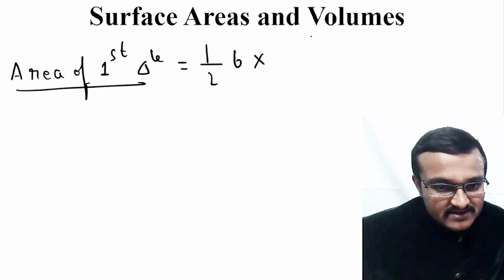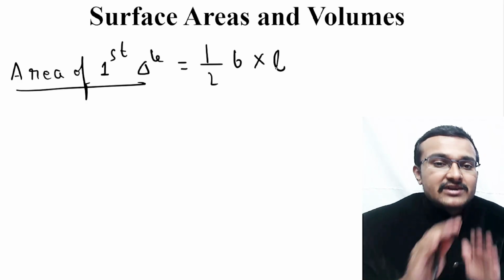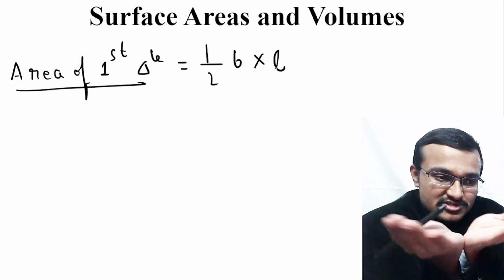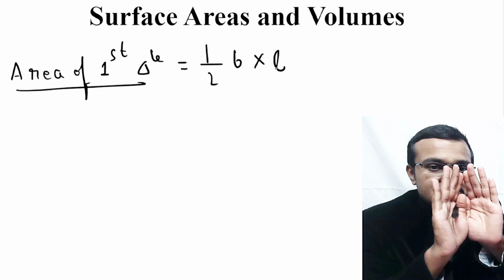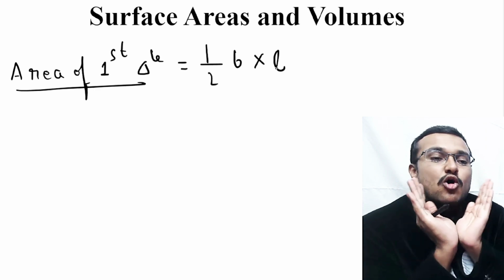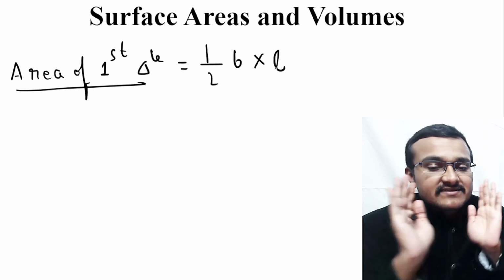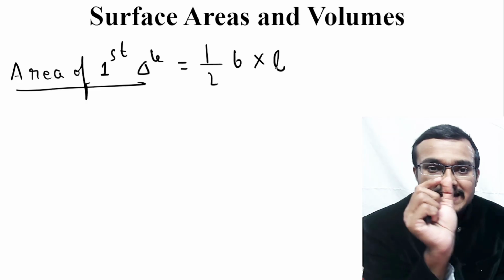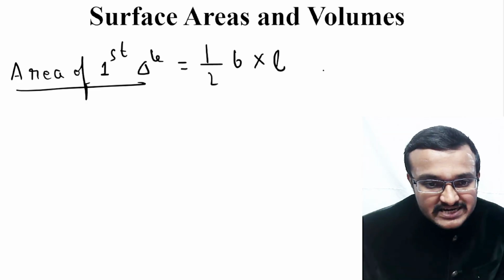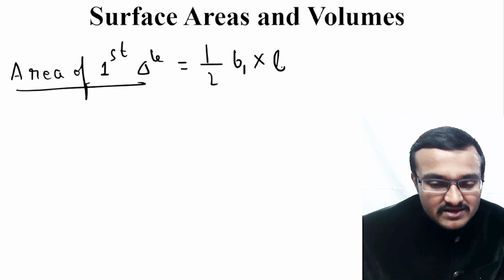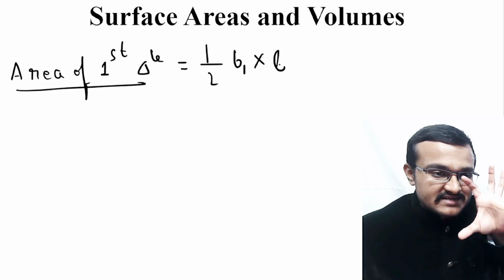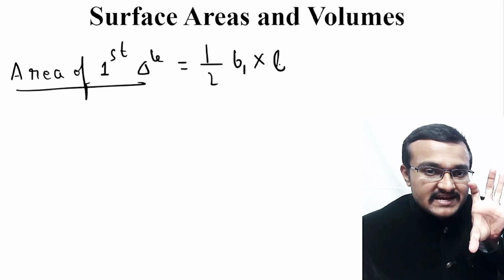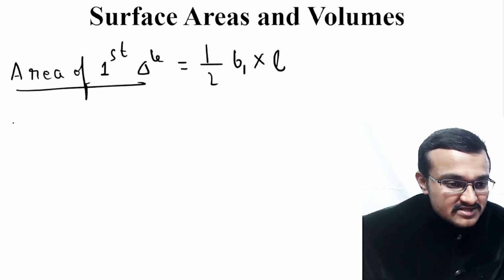So the first triangle's height will be L, and all the triangles are lying on the same curved surface area. So all the triangles will have height equal to L, but they have different bases. I'll call this base 1, but L will be constant, that is, the height of the triangle will be constant.